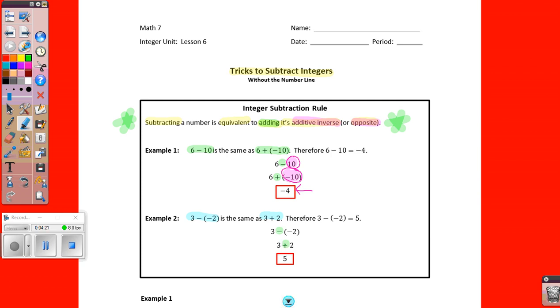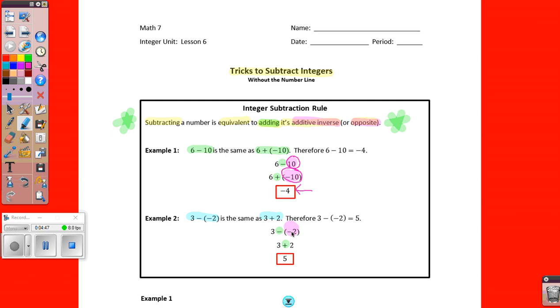You'll notice the first number doesn't change. That's not what's impacted here. It's the second number that changes because that's the number that's being subtracted. So instead of 3 minus, we have 3 plus, and the number we originally subtracted, which I have highlighted in pink, is negative 2. So in order to change this to an addition problem, you have to add the opposite.